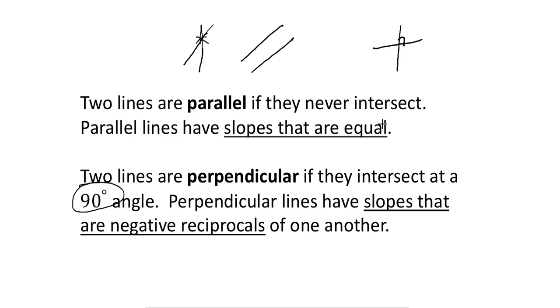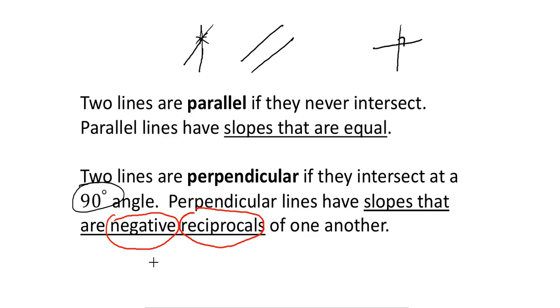Perpendicular lines have a really interesting relationship with the slopes. The slopes are negative reciprocals of one another. So negative reciprocal is a way of describing a relationship like this. Negative means they're opposite sign. Reciprocal means they are flipped over versions of one another.